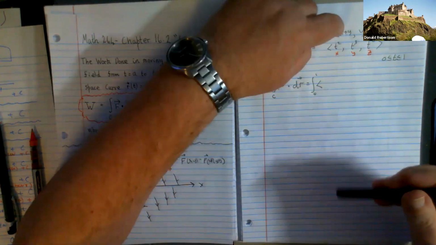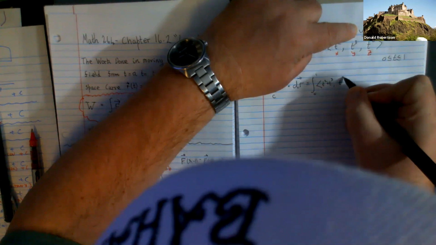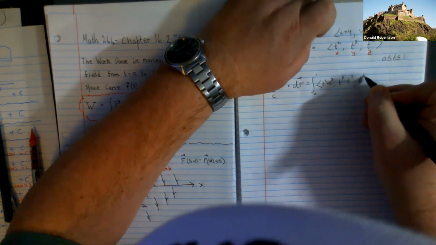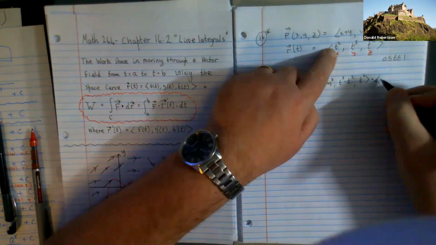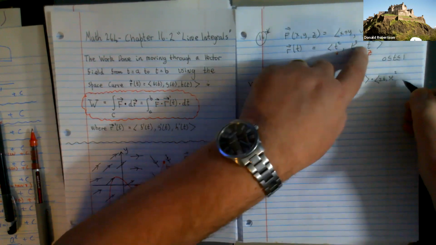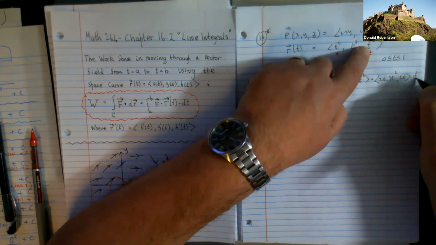So x add y is going to be t squared plus t cubed. y take away z is going to be t cubed take away t squared. And the last term is going to be z cubed, which is what, t to the 6. Dot product, derivative 2t, derivative 3t squared, derivative 2t, dt.